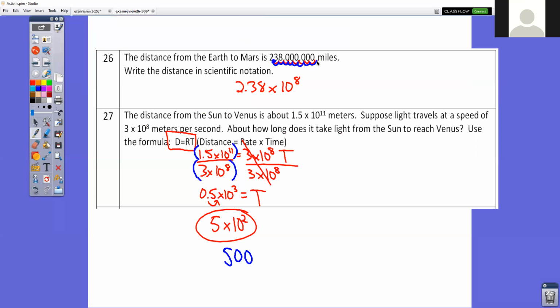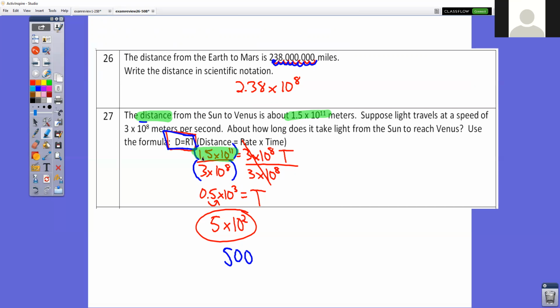I think number 27 is the hardest question on the whole entire exam. In question number 27, you have to use this formula. Distance equals rate times time. You're being given the distance right here. The distance is 1.5 times 10 to the 11th power.